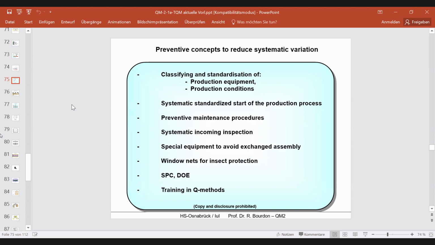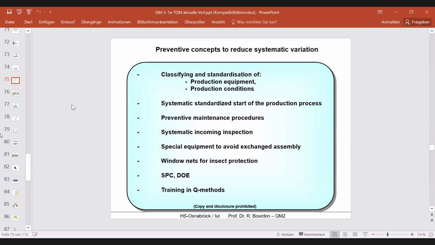What are preventive concepts, approaches to reduce systematic variation? How to reduce this systematic variation?